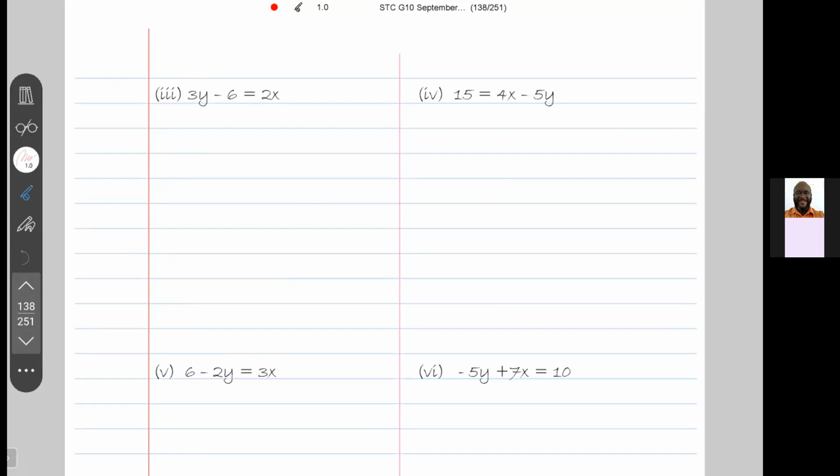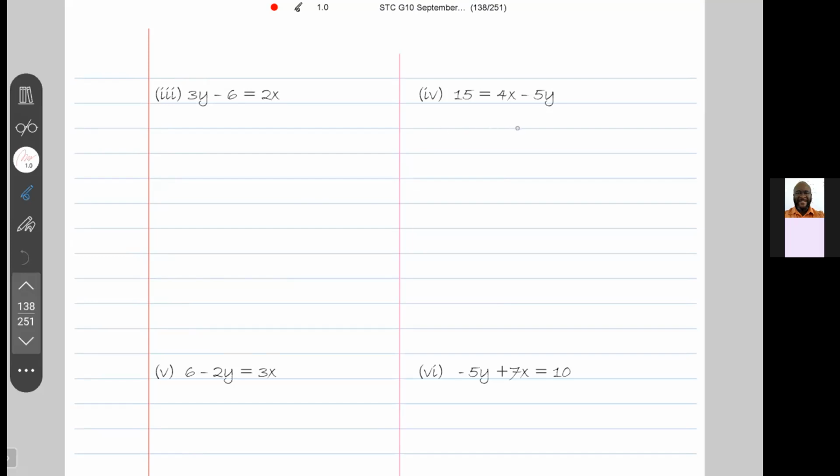Just having knowledge of this equation alone, I must state what the gradient is and what the y-intercept is. To do that, I have to first manipulate my equation to get it into the form y is equal to mx plus c.